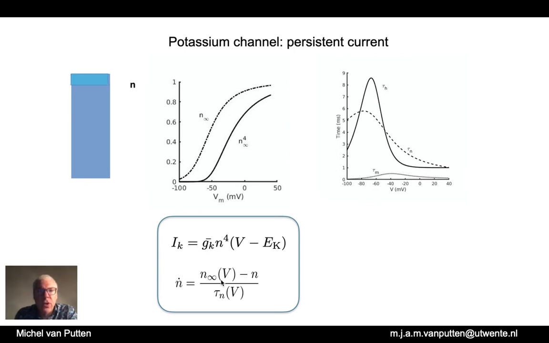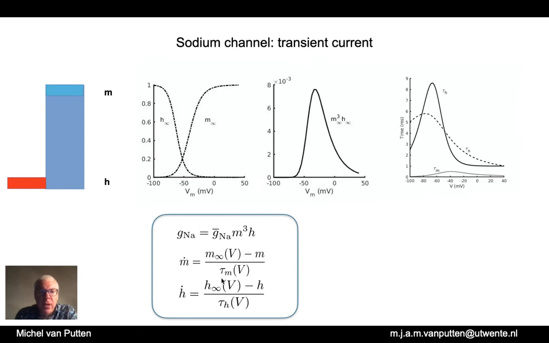And we have a similar expression for the sodium channel, but then we have two gating parameters, an M and an H, and for each of them we have very similar expression with their individual time constants. So essentially these graphs and these equations describe in detail the dynamics of the sodium channel.